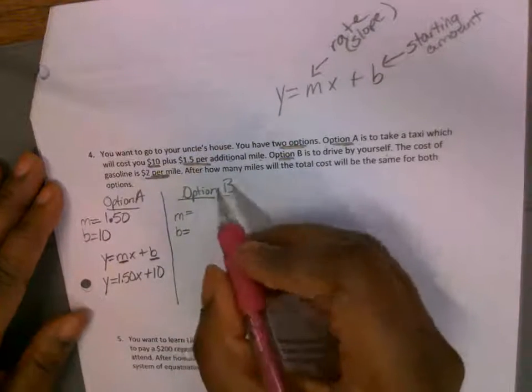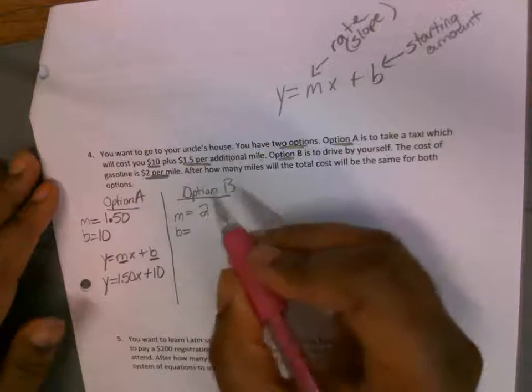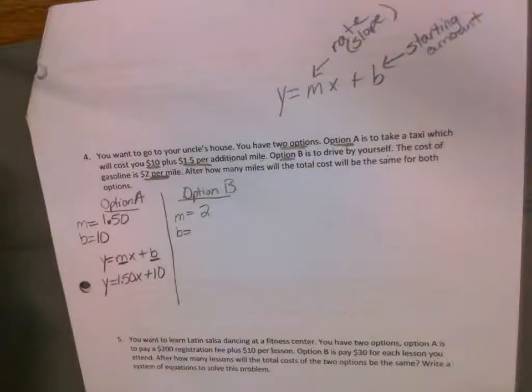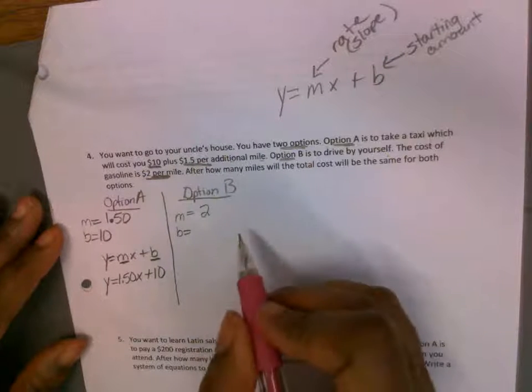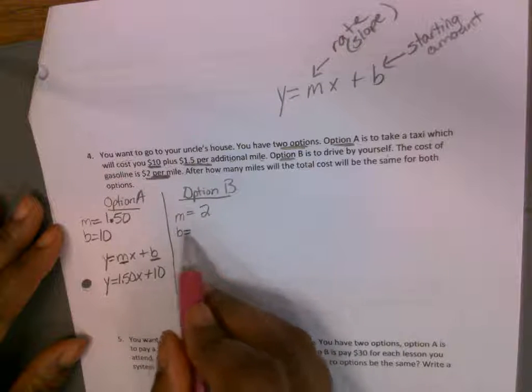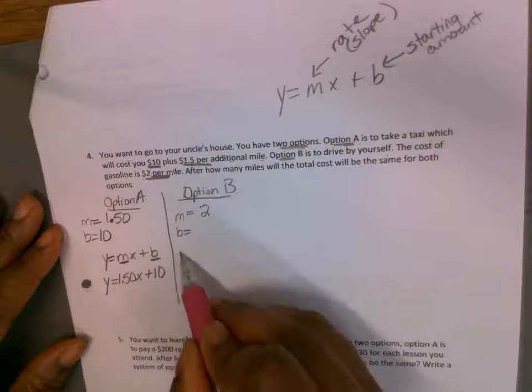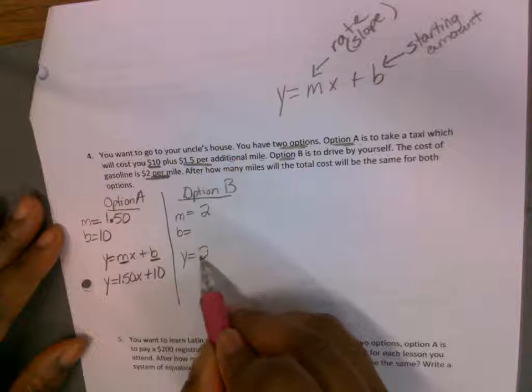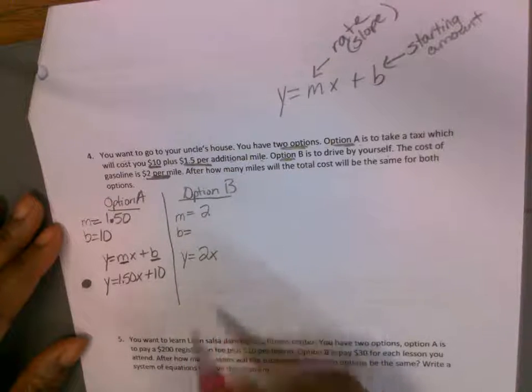It's definitely my rate. There is no starting amount because you are driving yourself. You're not charging yourself something, you're just paying for gas. So to write this equation, since there's no b, you just write it as y is equal to 2x. There's no b.